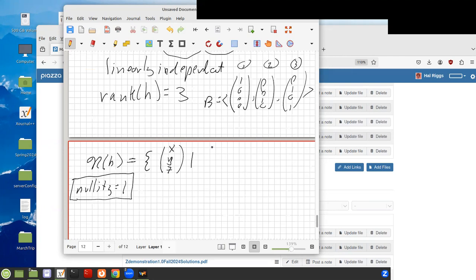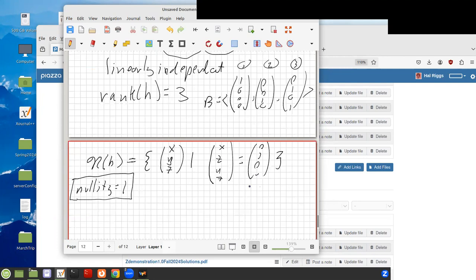Is it that H of (x, y, z) is equal to the zero vector, 0, 0, 0, 0? Yes, what you have to do is put in x, y, z, such that H of (x, y, z) equals (0, 0, 0, 0).